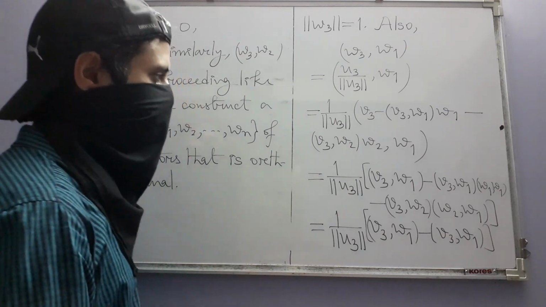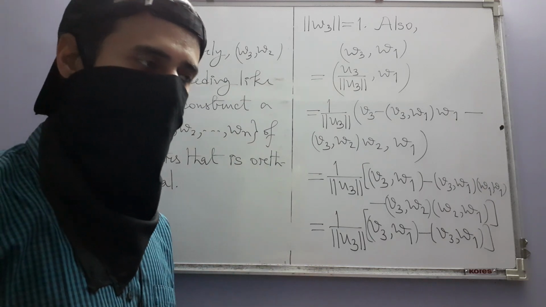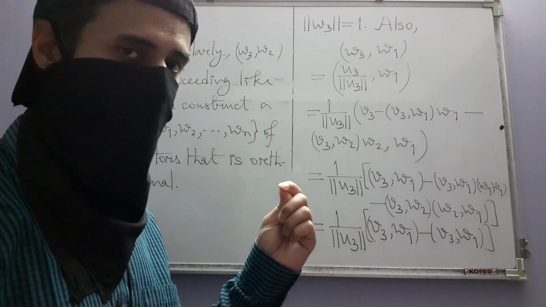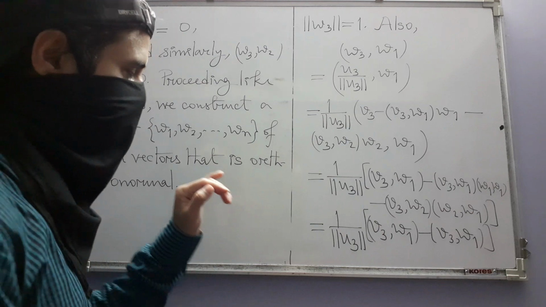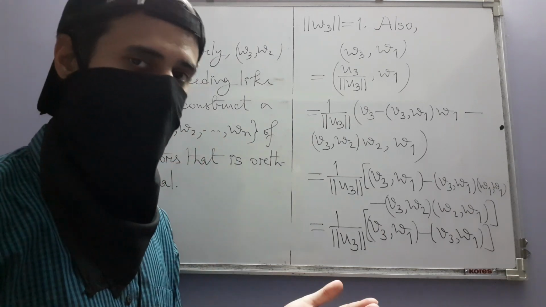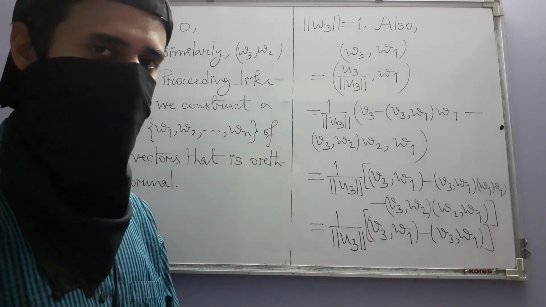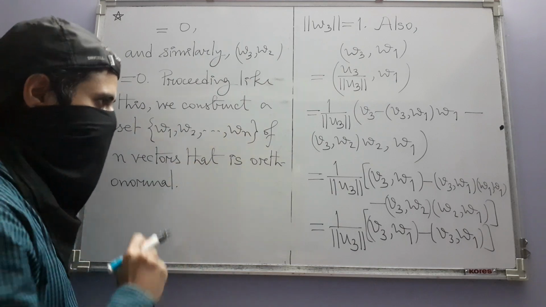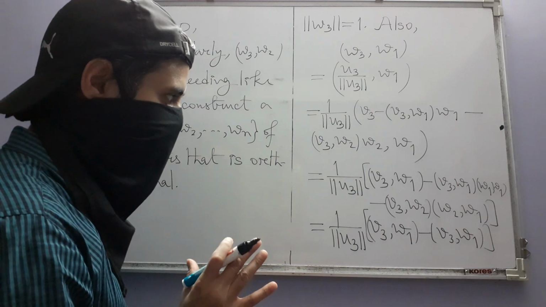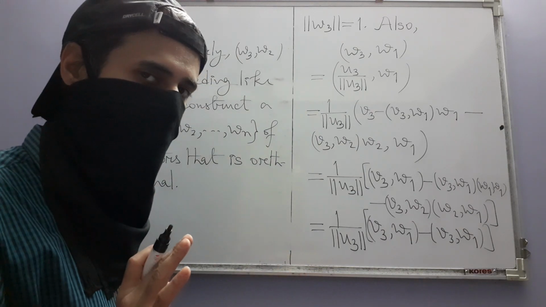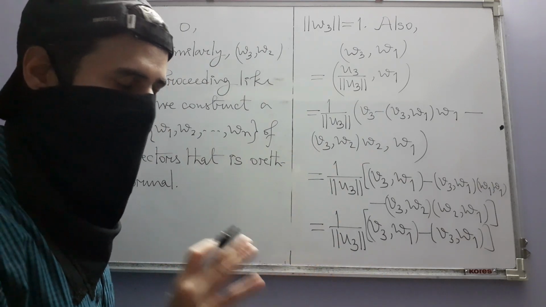Note one thing carefully, that to construct each wi, we actually need a fresh vector vi from our original basis. And that is why, since we have n number of such vi's, if one continues this process, one would end up constructing such a set of vectors that is orthonormal. So this much is guaranteed by the pattern of the process.